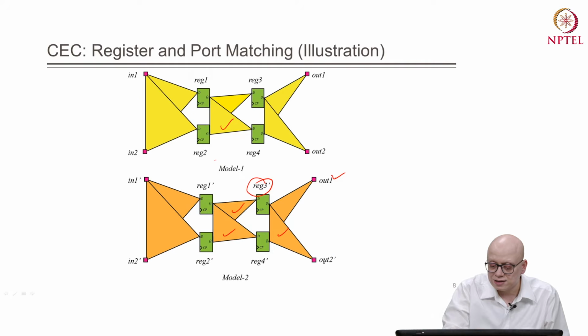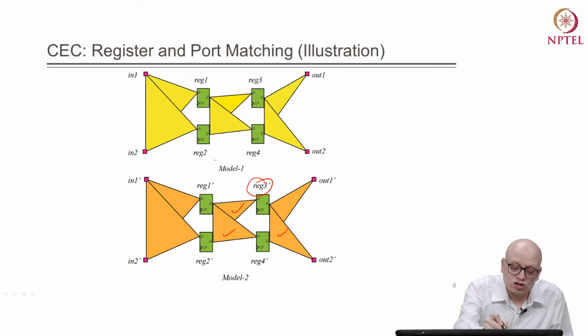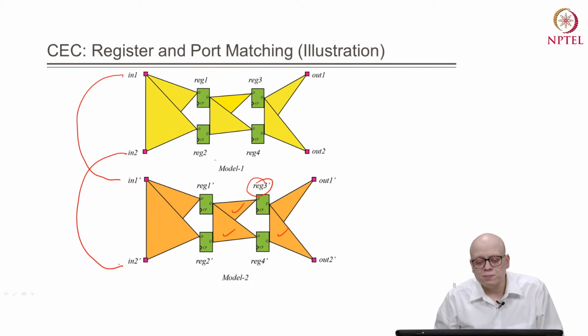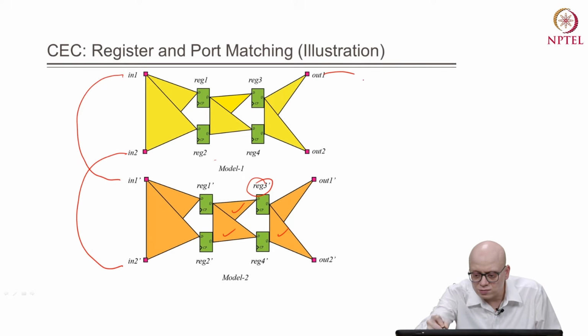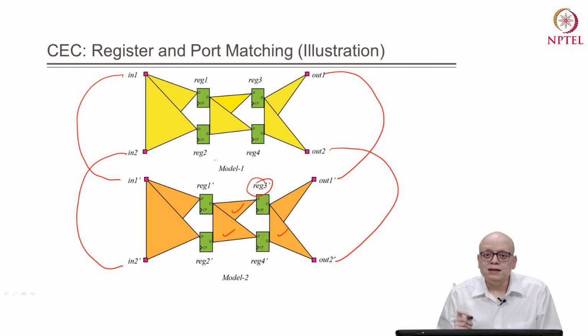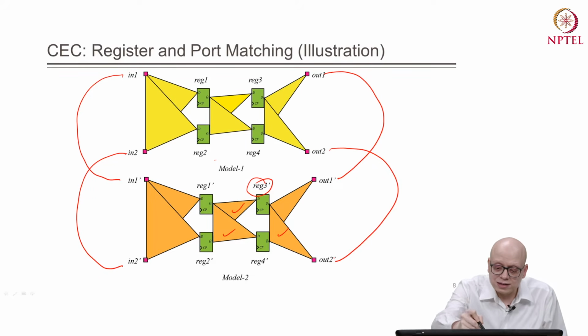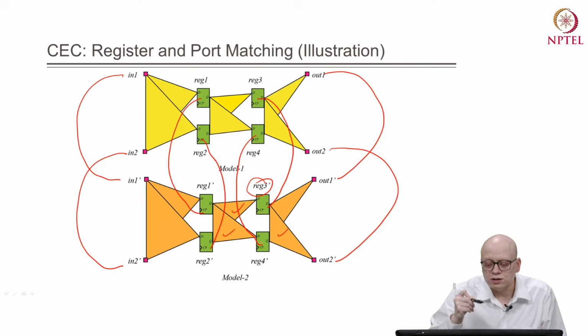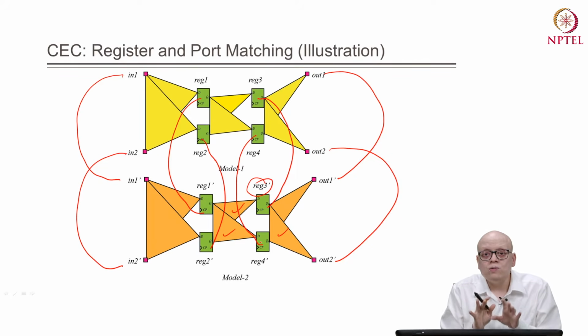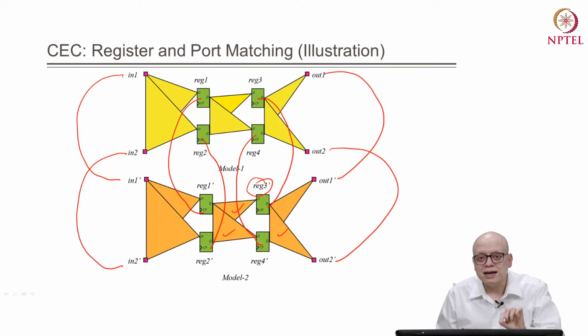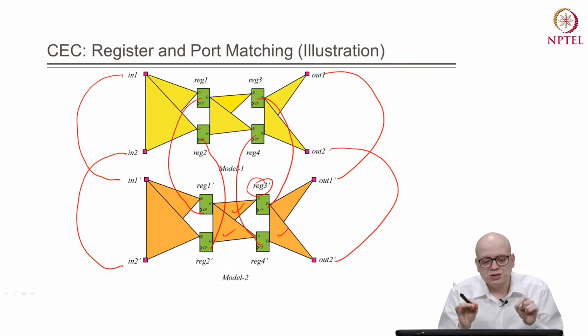In this case we can say that this one corresponds to this one and this one corresponds to this one. So, this is the matching of the input ports. Similarly, this one matches this one and this one matches this one. Then we match the flip flops: this matches this one, this matches this one, this matches this one, and this matches this one. So, a one-to-one correspondence between the state elements, meaning the flip flops, and the input and output ports is first established.